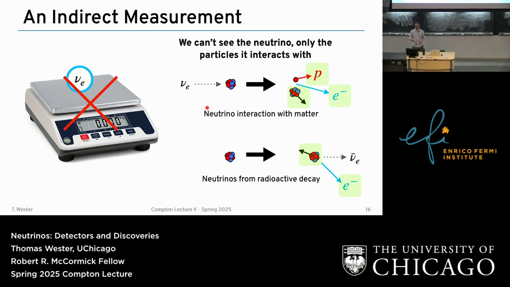So the initial state would be the neutrino and the nucleus in this top example, and then the final state would be the proton, the electron, and the recoiling nucleus. In the example down here, the initial state is the nucleon at rest, and the final state is the nucleon and the electron that we can actually measure. So we don't see the neutrino.